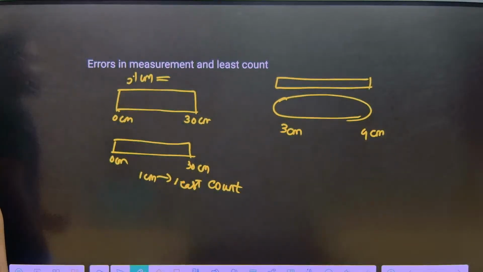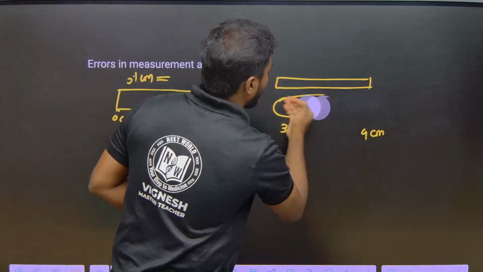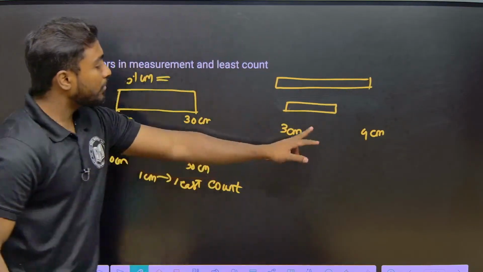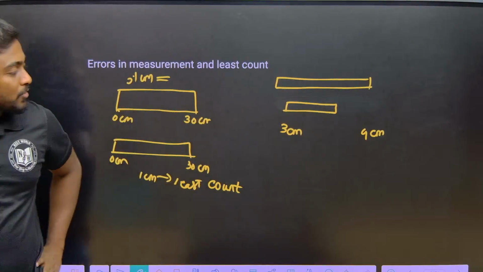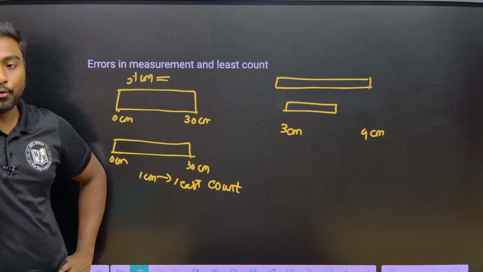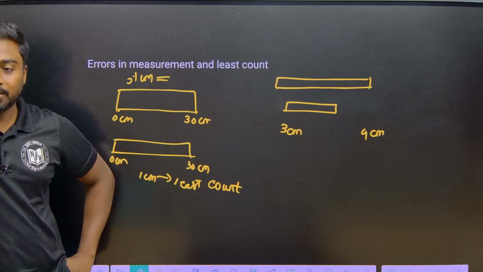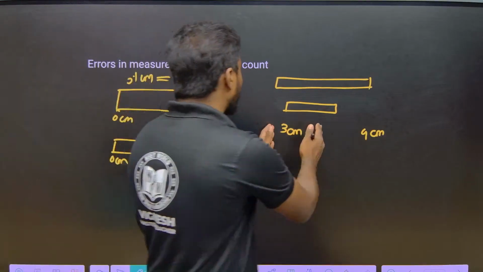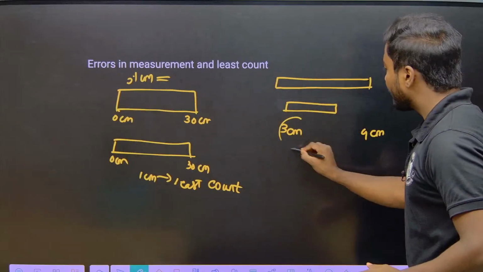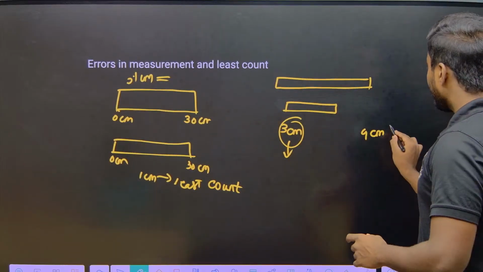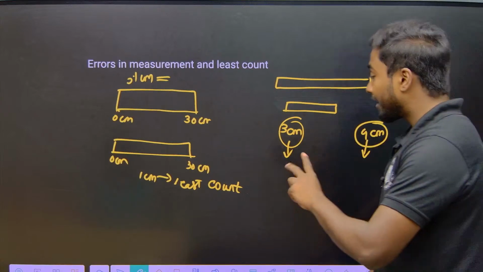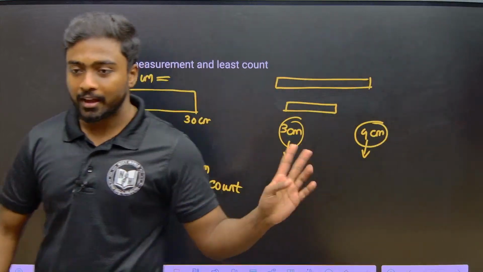Which centimeter can I take, 3 or 4? I can take the one nearest. If it is near to 3 centimeter, I say 3 centimeter. If it is nearest to 4 centimeter, I say 4 centimeter. I can take only 1 centimeter, that is 3 or 4.